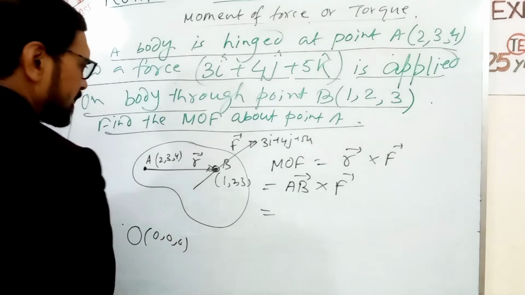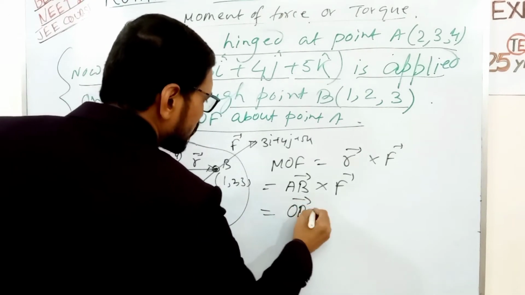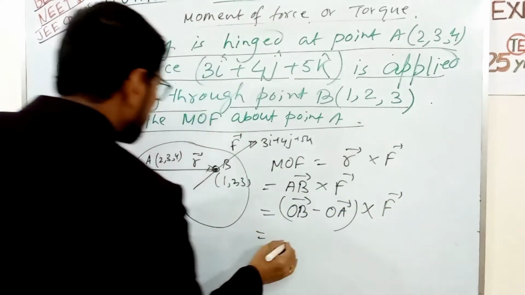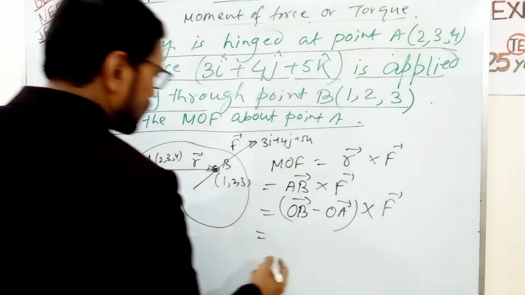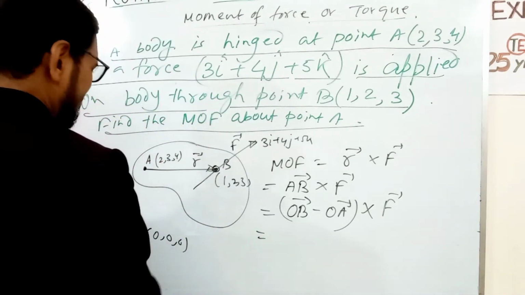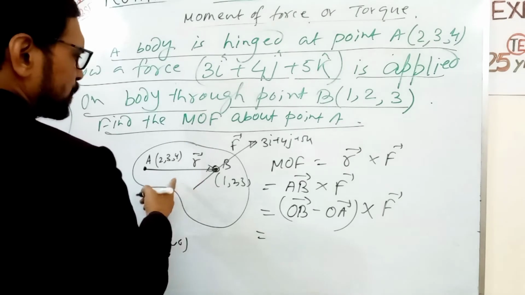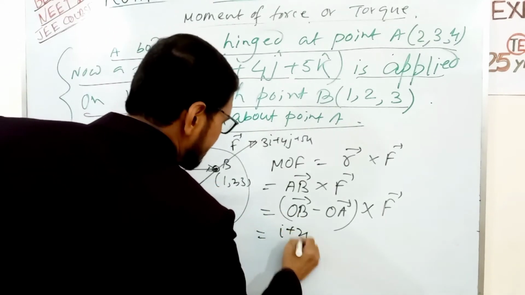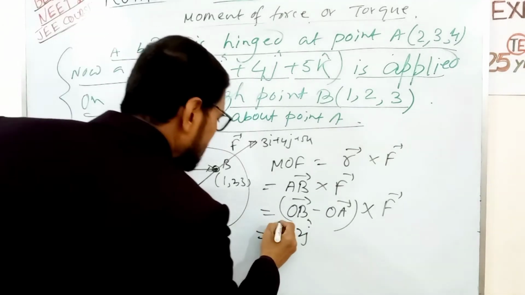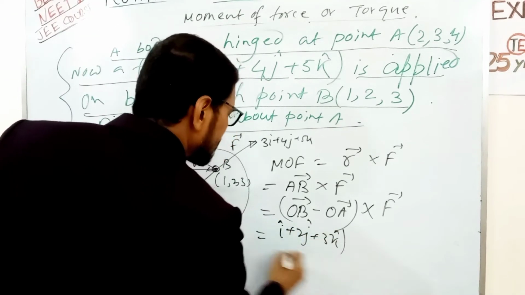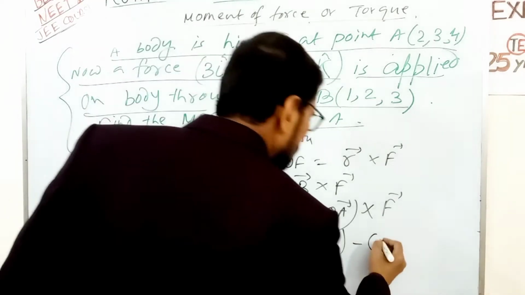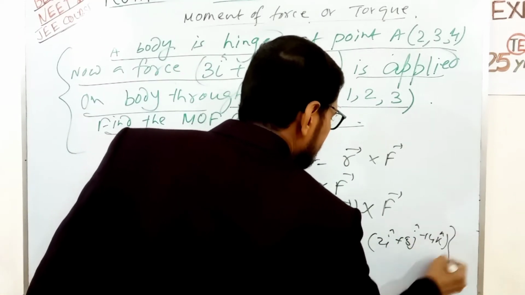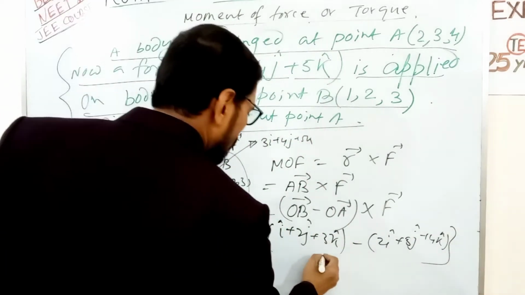So AB is actually OB minus OA. OB equals i plus 2j plus 3k, minus OA, which equals 2i plus 3j plus 4k. This is OB minus OA, cross the F vector.